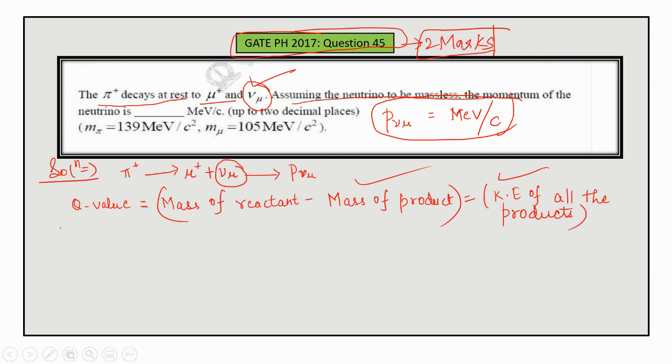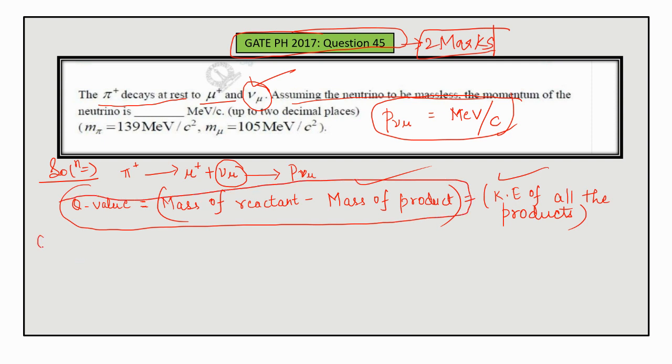First of all, use this part of the formula, where the Q value is mass of reactant minus mass of product, m pi minus m mu. You need to put the values of these, and it is given to us.